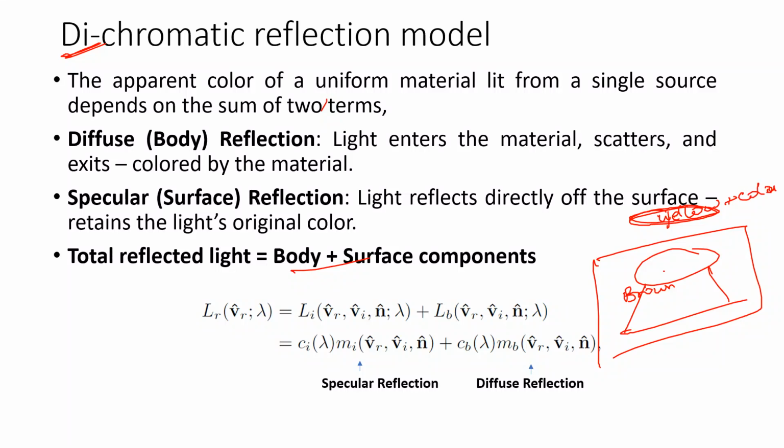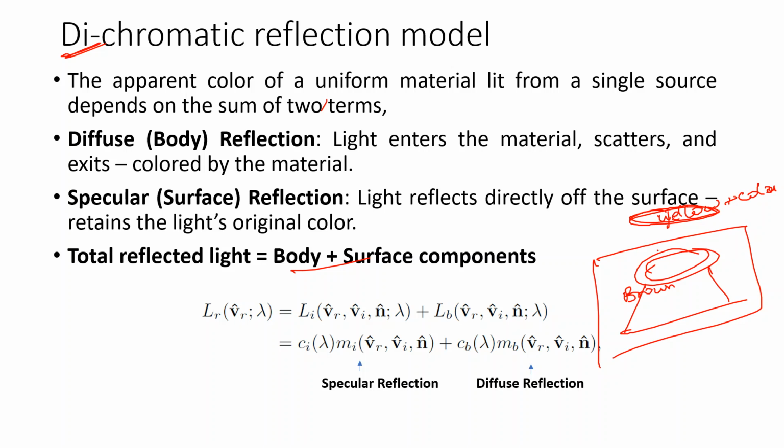So whenever we see this table, the brown color will be shown, and at the top, the light color is also shown. If we capture this image, the light color will be captured as well as the table color.